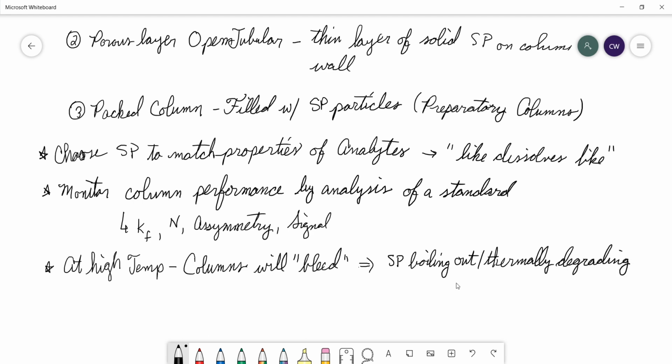As you can imagine, this will increase the noise, right? So this gives us a reduced signal to noise ratio, and it permanently damages the column. Okay, so it reduces the column lifetime.